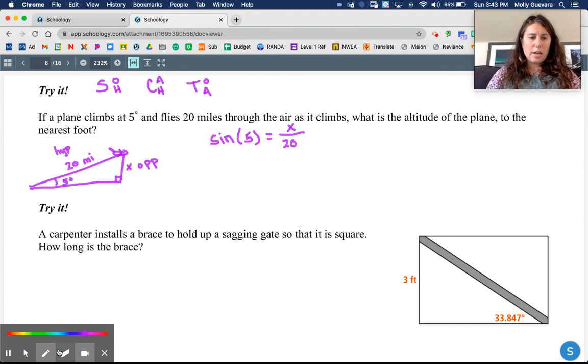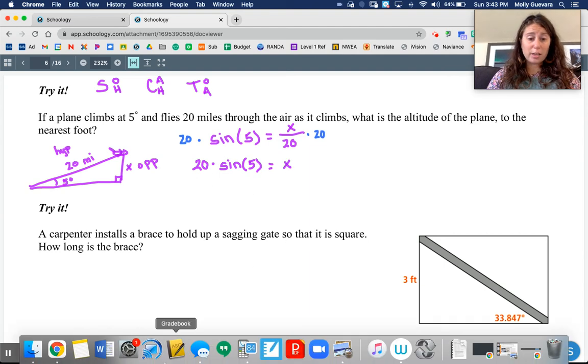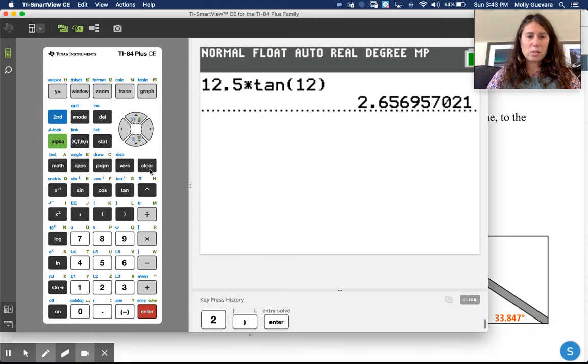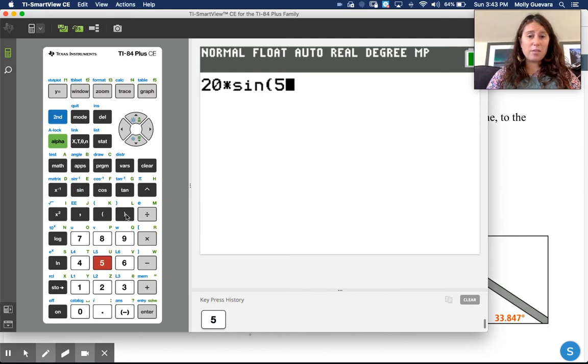I want to get rid of that 20, so I'm going to multiply by 20 on both sides. These cancel, and I get 20 times sine of 5 degrees equals x. Now I can enter this into my calculator. 20 times sine of 5 degrees.